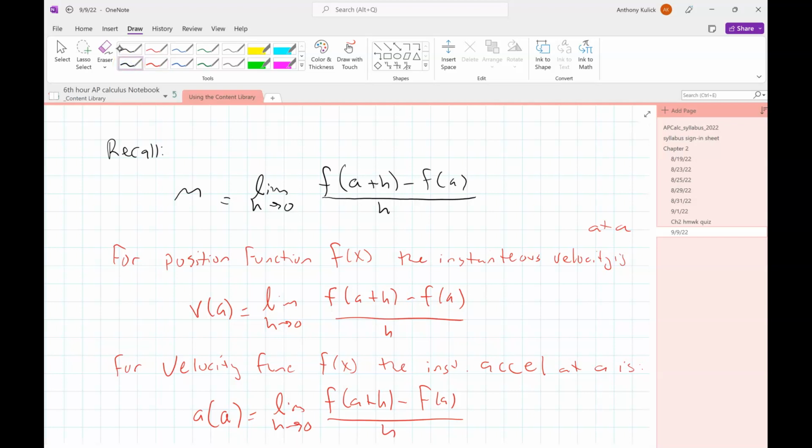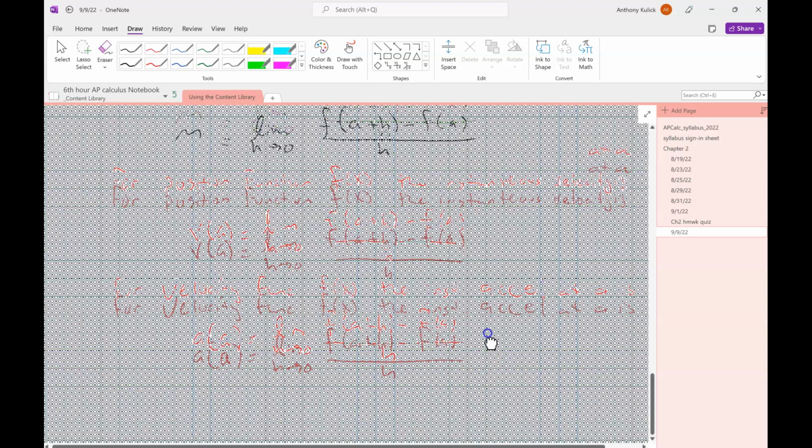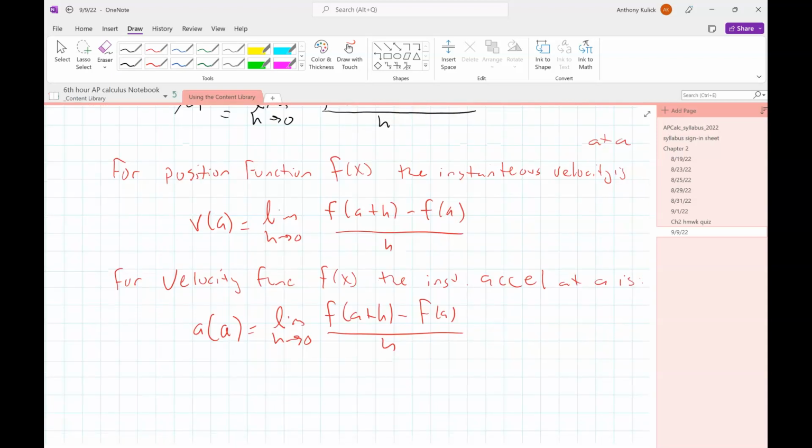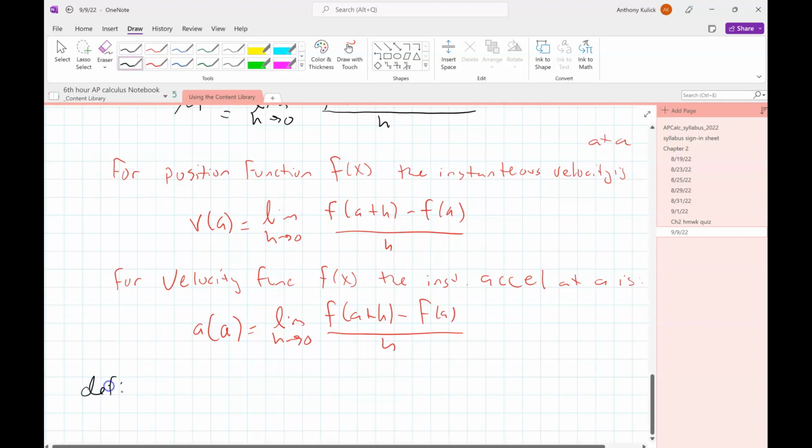So the slope of a tangent line, the instantaneous rate of change, all of these things mean the same thing. We're going to give this thing now a proper name. It's going to be called the derivative.